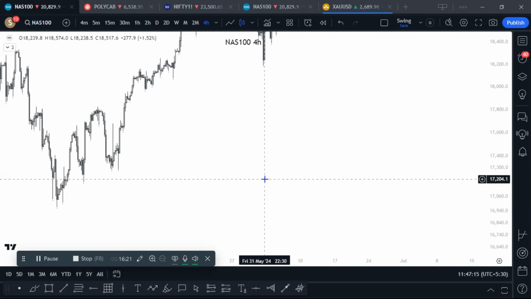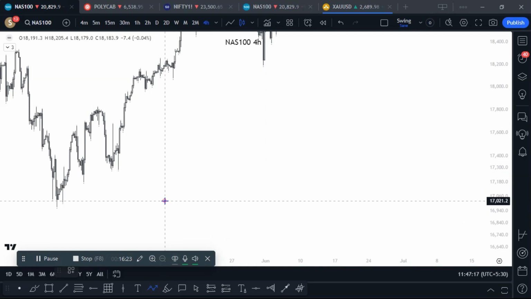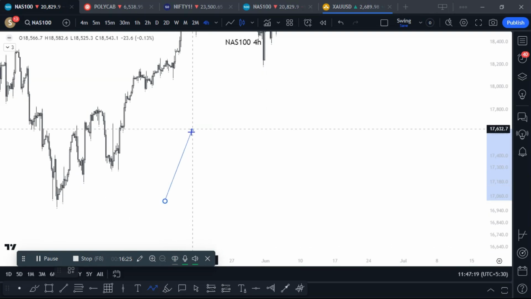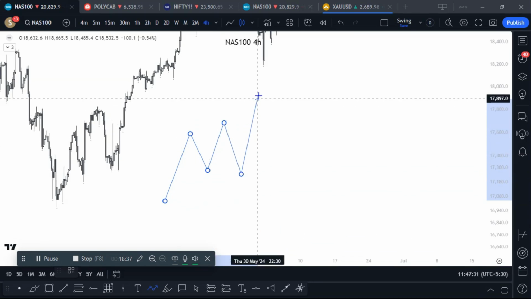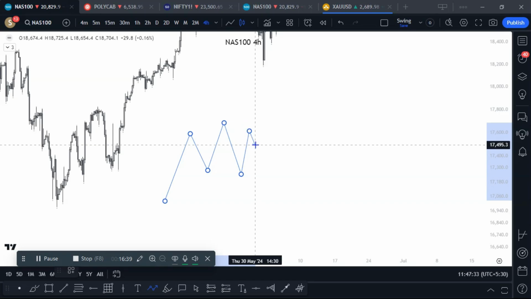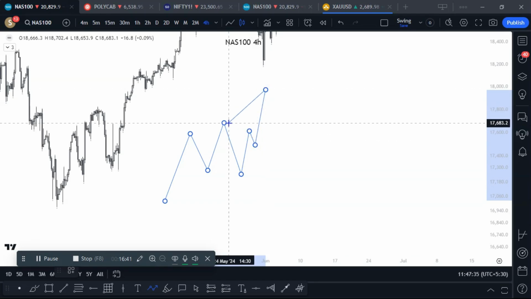So let's end this video, and to summarize it: this is swing low, this is swing high, this is swing low, this is swing high. Alright. Now price breaks external, and you need an internal swap.